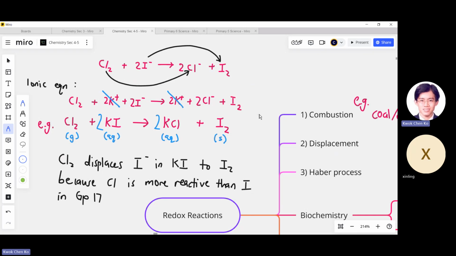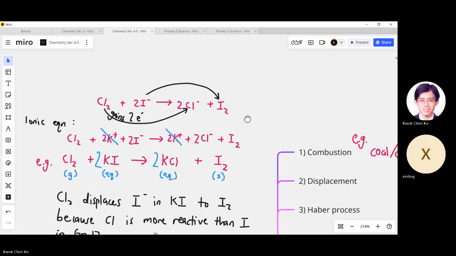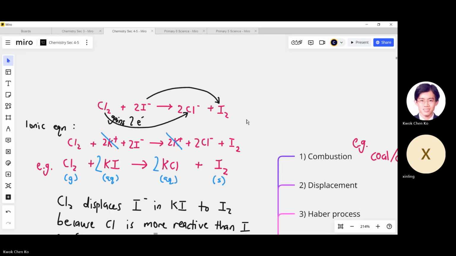Okay, so this gains, to be more specific, 2 electrons. Not surprisingly, for the other pair, I minus loses 2 electrons.